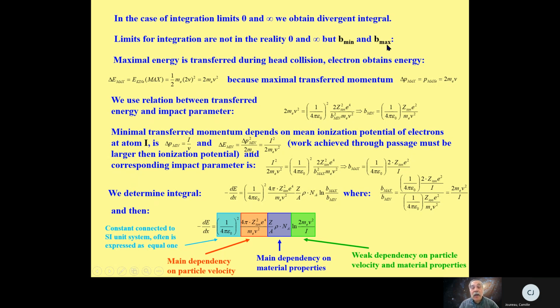And what are this minimal and maximal value? The minimal value of impact parameter is given by the maximal energy which is transferred during head-on collisions. That means, from the point of view of the electron, it is moving and colliding with this proton or another heavy ion, and it will go in the opposite direction. This is a head-on collision, backward scattering.